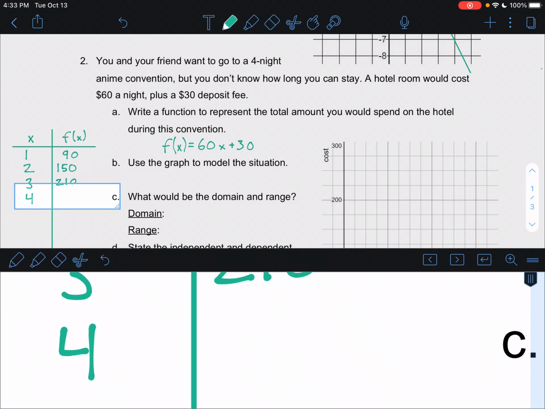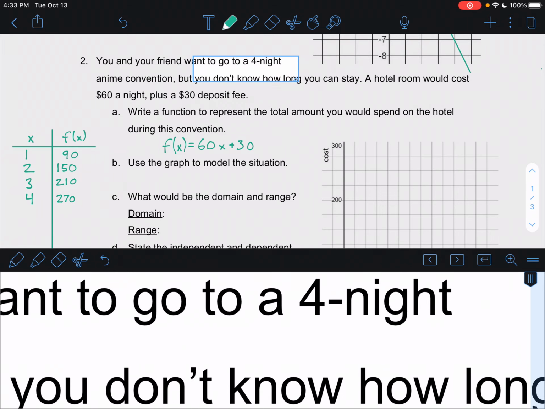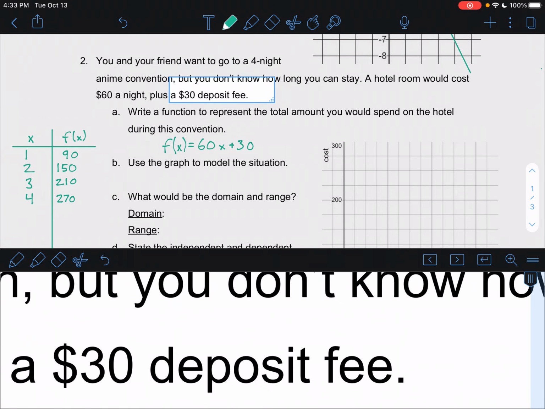And if I spent 4 nights, 60 times 4 is 240, plus 30 is 270. And I'm not going to go to 5 because it said it's just a 4-night convention. I don't want to stay longer. There's no need for me to do that.